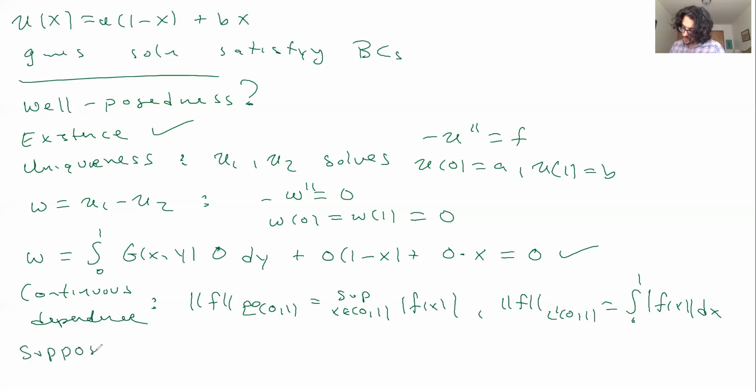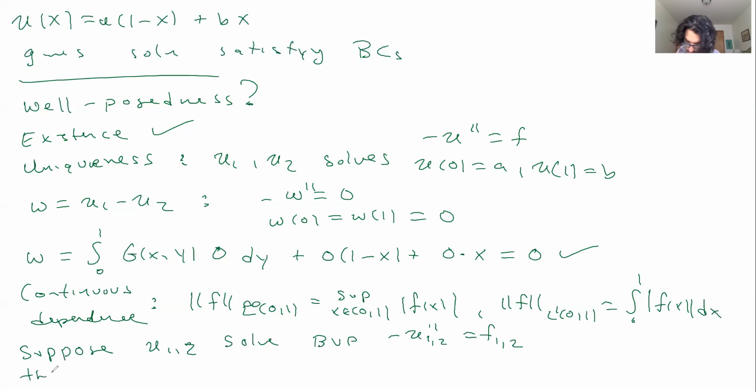And now suppose that U1 and U2 solve the original boundary value problem, but either the right-hand side is F1 or F2, right?